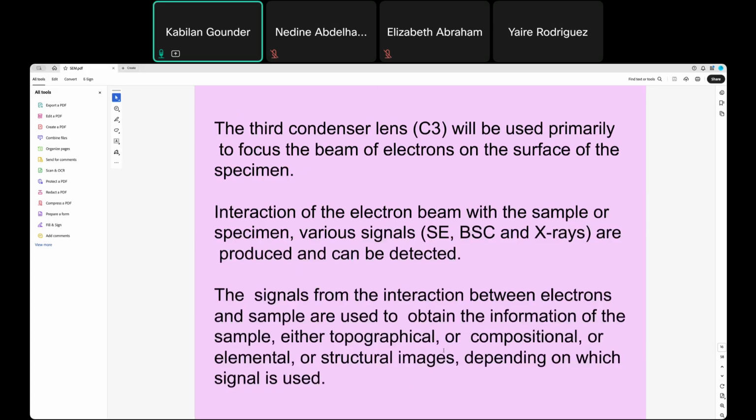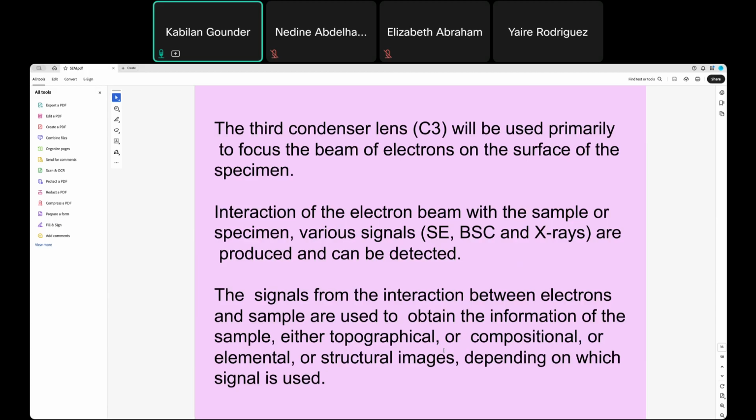The interaction of the electron beam with the sample or specimen produces various signals, namely secondary electrons, backscattered electrons, and X-rays, which can be detected. The signals from the interaction between electrons and the sample are used to obtain information about the sample, either topographical, compositional, elemental, or structural images, depending on which signal is used.